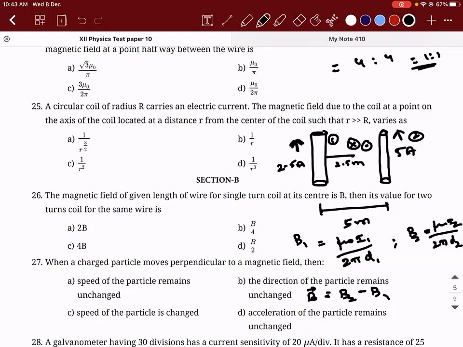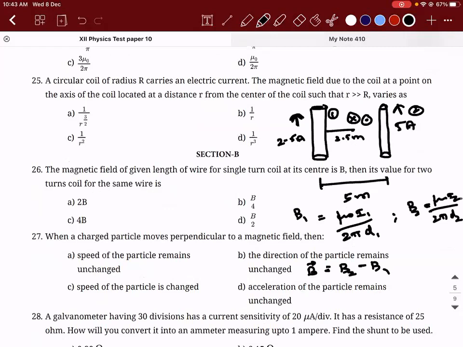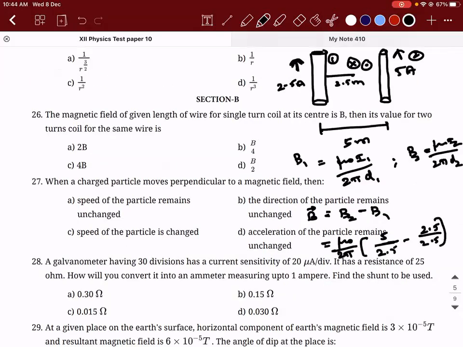So mu naught divided by 2 pi, if I take it out, I1 is how much? 2.5 divided by the distance 2.5, minus I2 is... I2 is 5. Oh, I made a mistake. Sorry. I2 is 5 divided by 2.5, and here it is 2.5 divided by 2.5. Cancel it. So this will go 2 times, this will go 1 time. So mu naught divided by 2 pi is how much?